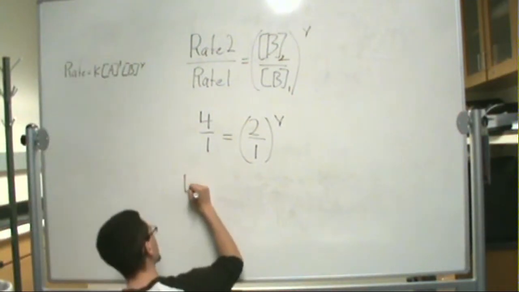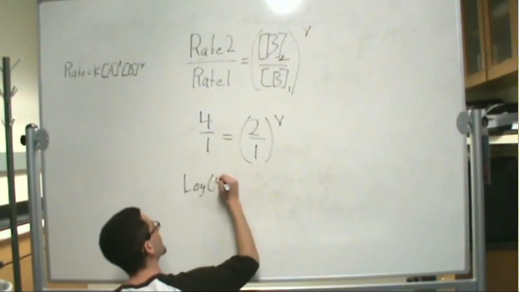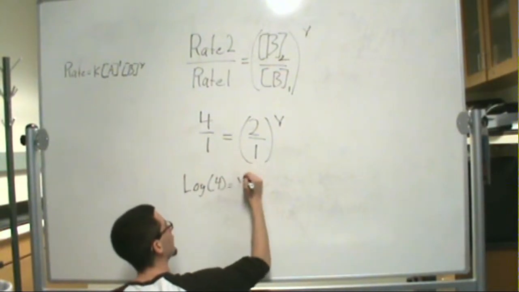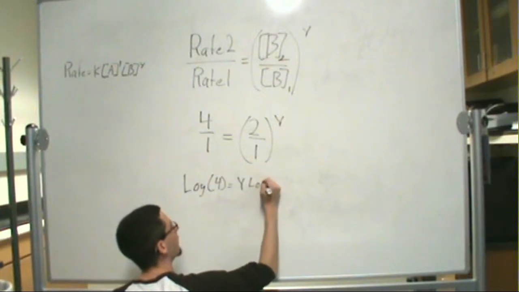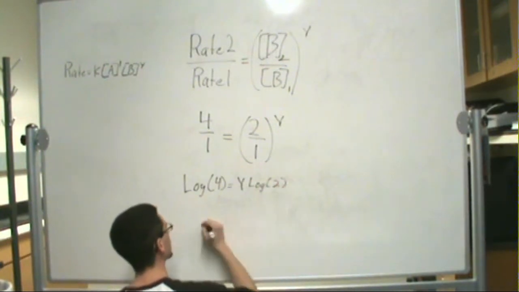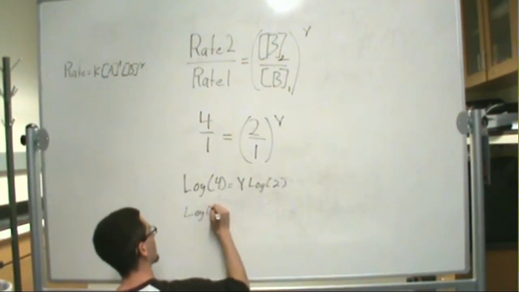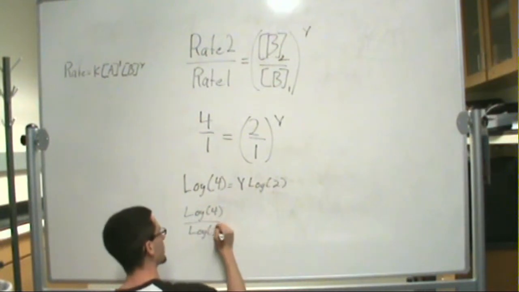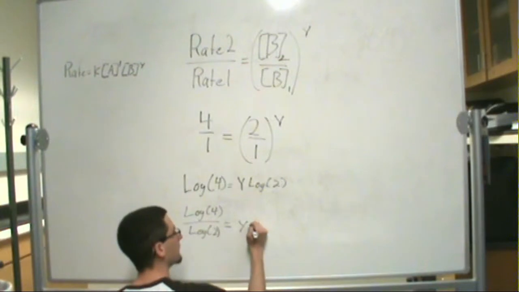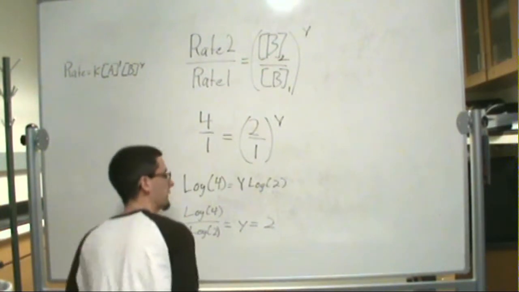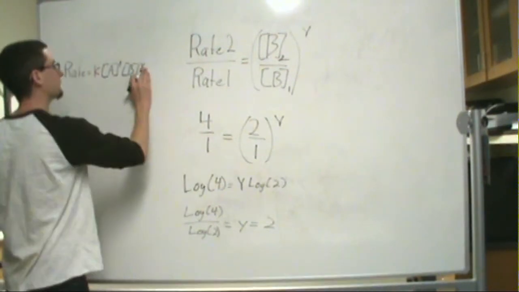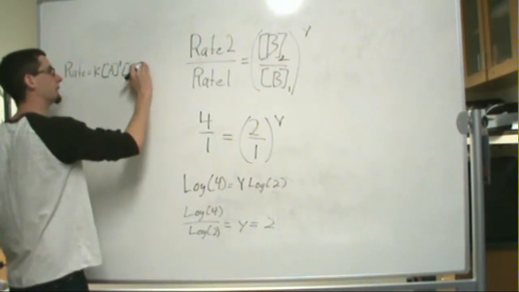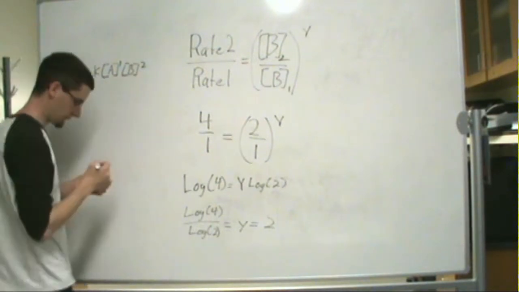So the log of 4 is equal to y times the log of 2. Log of 4 divided by log of 2 is equal to y, which is then equal to 2, like we have previously shown. So our rate looks something along the lines of this.